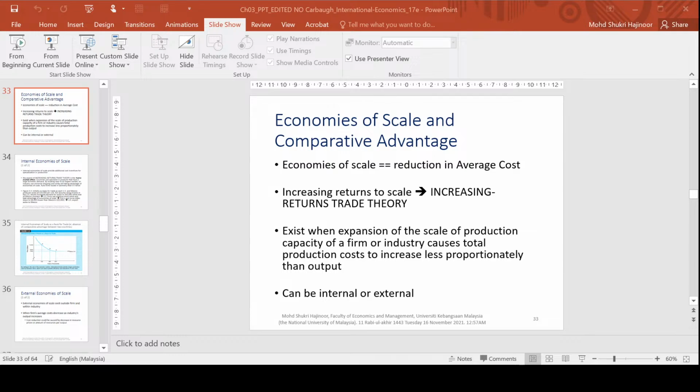They have the same cost structure. This is point A, the average cost of Mexico and also the average cost of the United States, the same line. Overlapping means no difference in comparative advantage between the two countries.